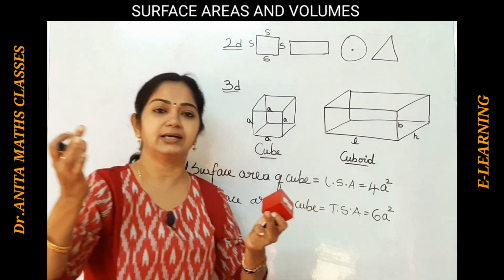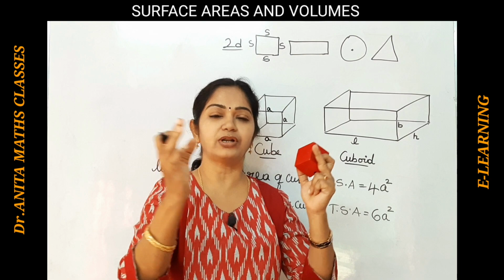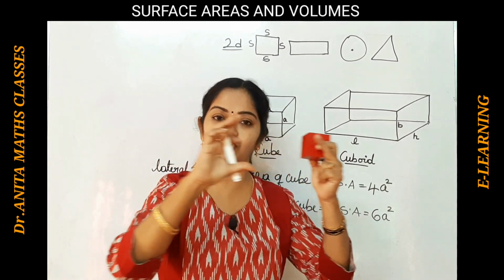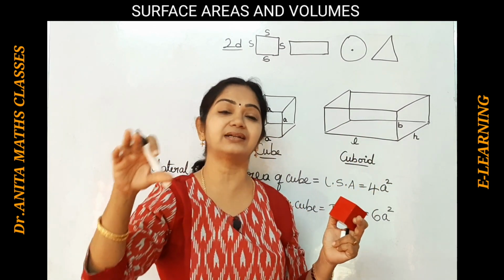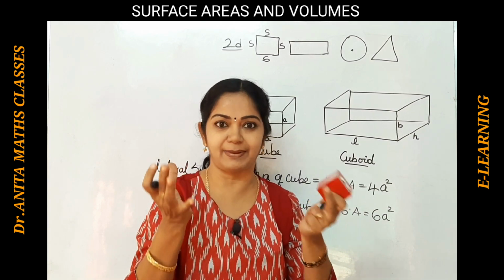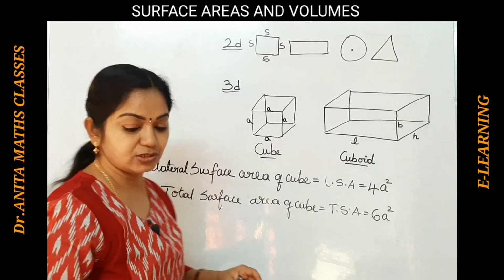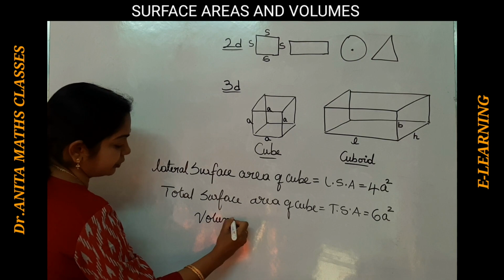Now if you see water tanks, few of them are in the shape of a cube. Some water tanks will be in the shape of a cuboid also. Now how much water is filled in that tank? If the tank is full, how much water it is containing, the capacity of the tank, is called the volume. Okay.